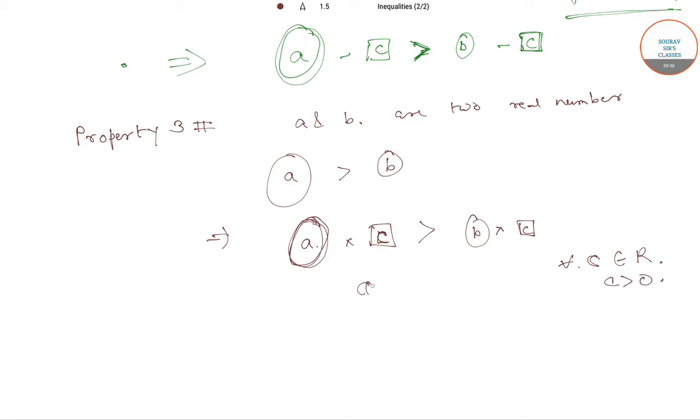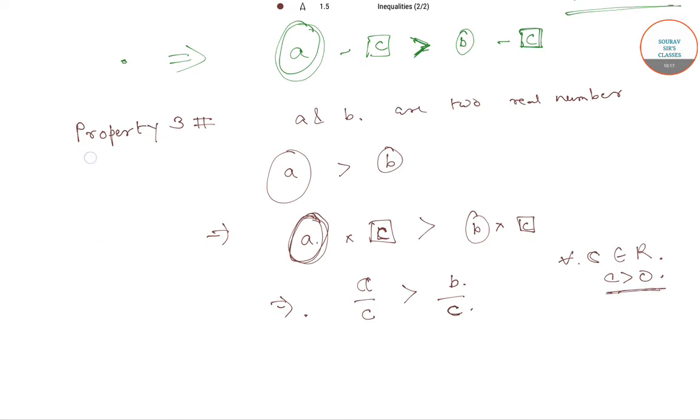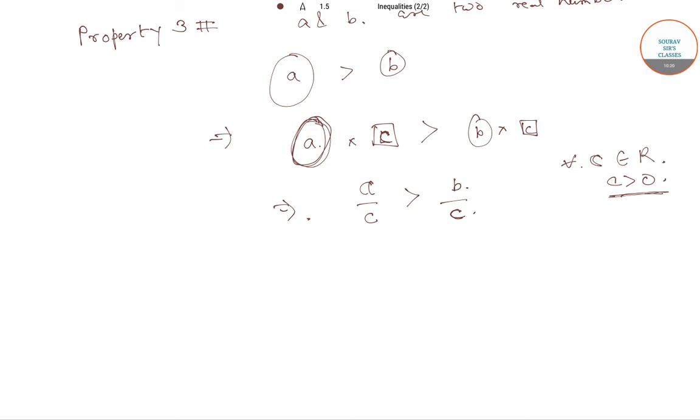Similarly, A divided by C is also greater than B divided by C. So when A is greater than B, then AC is greater than BC, or A by C is greater than B by C, when C is a real number greater than 0, that is, a positive real number.